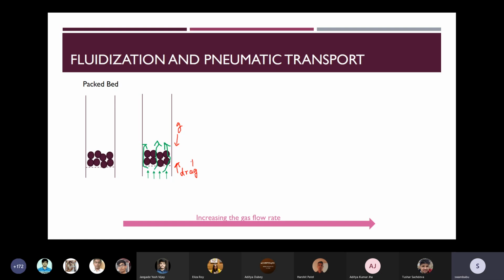Buoyancy force also acts in the upward direction, because the particle has to replace the fluid if it is to be lifted.